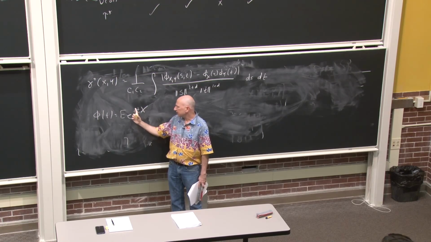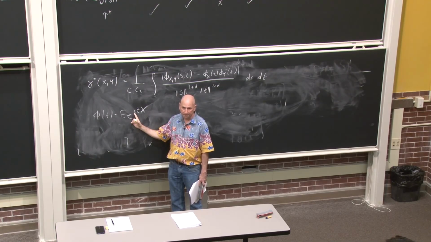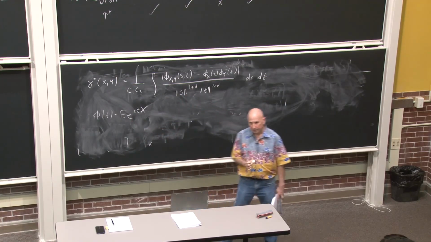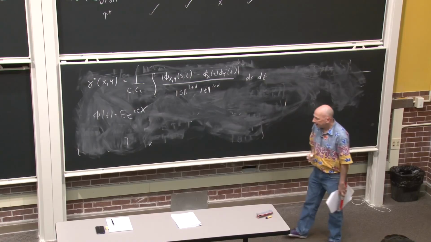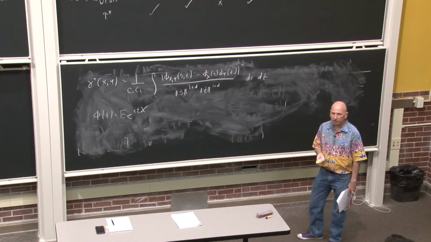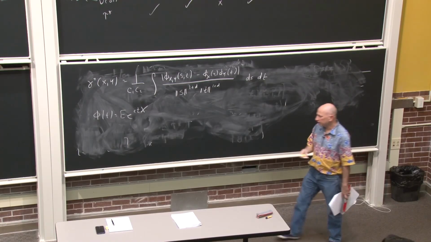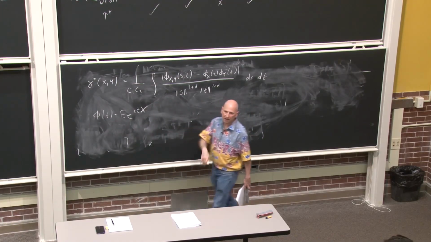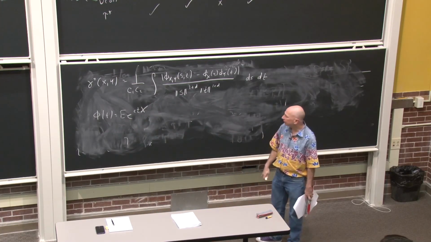It's just like the moment generating function, but you put i in here, where i is the square root of -1. So it's a complex valued thing. It just turns out that's a more fundamental quantity. And roughly speaking, it completely characterizes the distribution. If you give me the distribution, I can compute this characteristic function. If they give you the characteristic function, you can go back and get the distribution by inverting it.